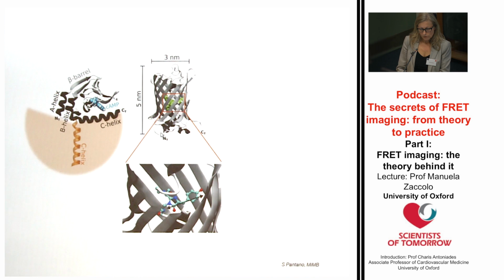And so I told you earlier that the intermolecular distance within which FRET can occur goes from 1 to 10 nanometers maximum. And so one important consideration is to appreciate that an intermolecular distance, which is 3 times the diameter of a GFP, is sufficient to completely abolish FRET.